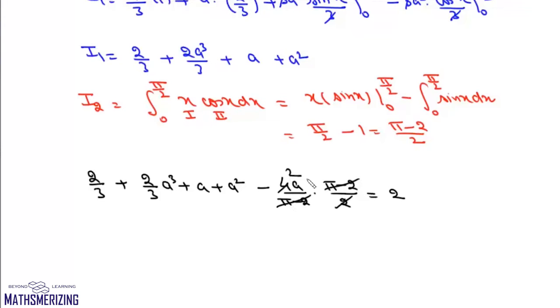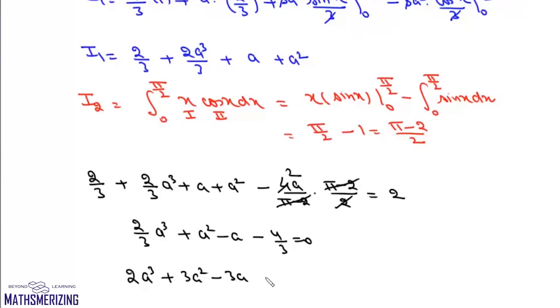So this is 2a. So we can write 2 by 3 a cube plus a square minus a, and this is 2 by 3 minus 2 will be minus 4 by 3. So minus 4 by 3 equals 0, or we can write this equation as 2a cube plus 3a square minus 3a minus 4 equals 0.